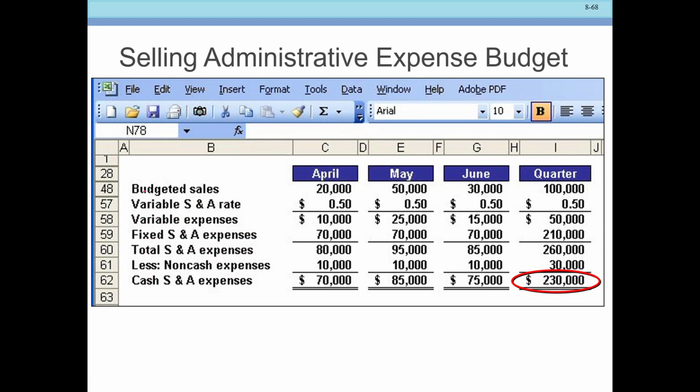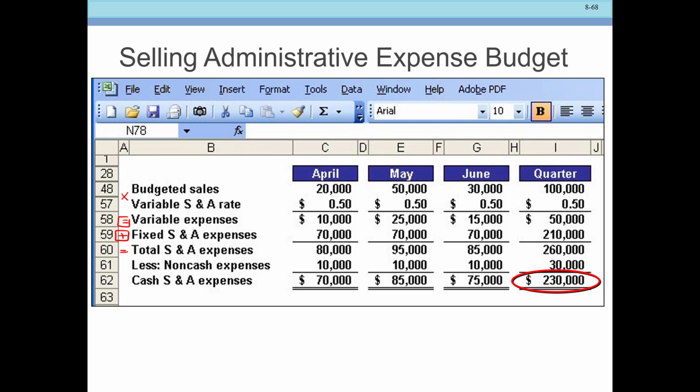which means I will start with the budgeted sales. Why budgeted sales? Because in the question he said that the base here is the number of units sold. So budgeted sales multiplied by the variable selling and administrative rate, which equals the variable expenses, plus the fixed part, which is the 70,000.